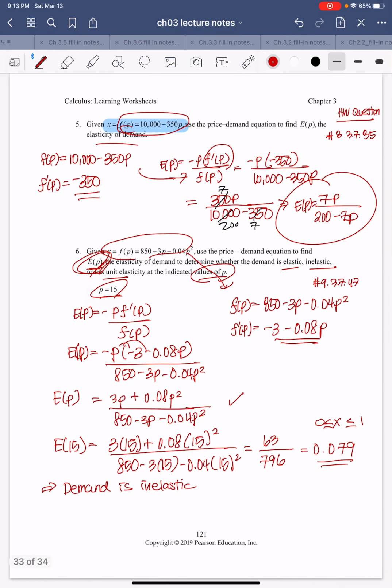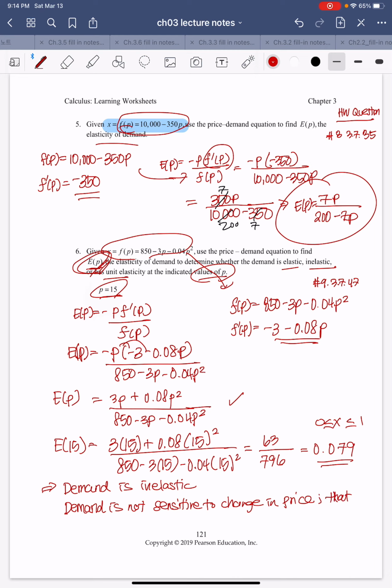Demand is not sensitive to change in price.